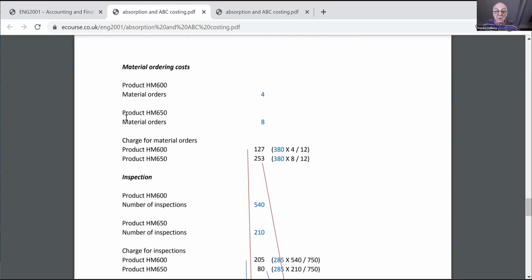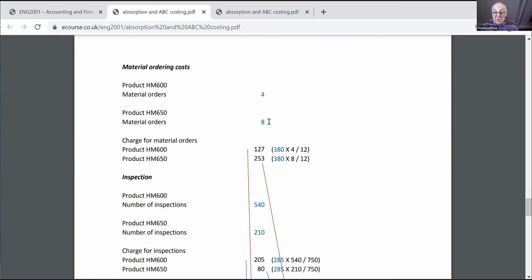The material order costs will be allocated in a similar way. 4 orders have to be placed for HM 600, and 8 orders will have to be placed for HM 650. And remember, that's just a case of measuring it. We don't have to interpret that.